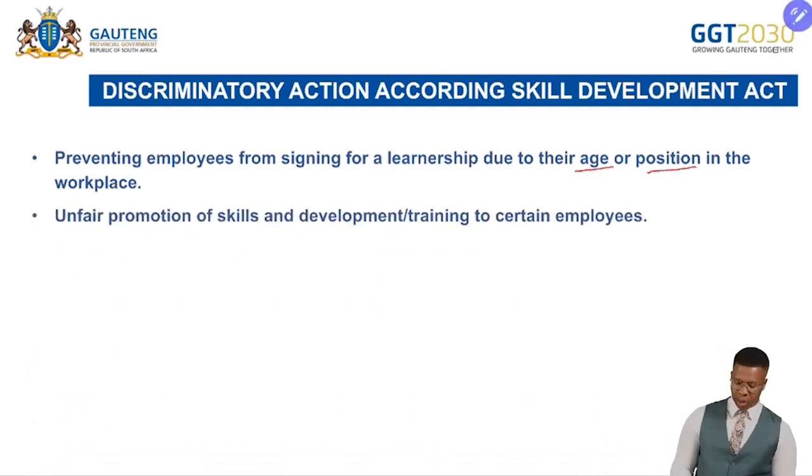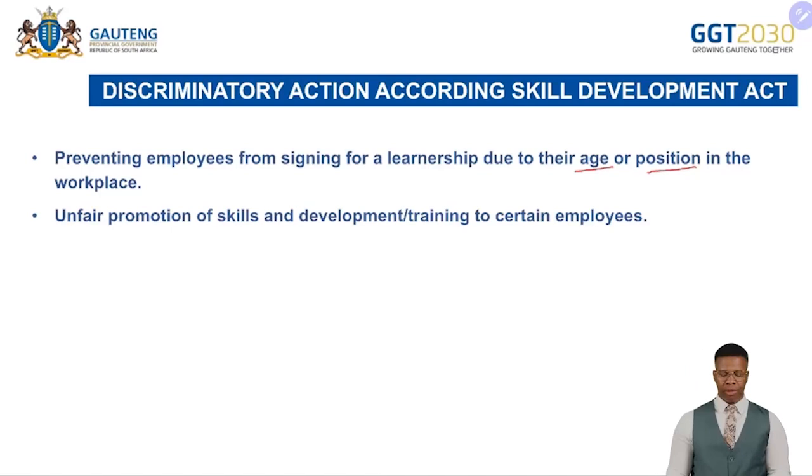And then unfair promotion of skills and development or training to certain employees is also considered to be a discriminatory action that can be done by the business. When there's an opportunity to develop the skills of employees, everyone should be given an opportunity or platform to apply for or to try and improve their skills.